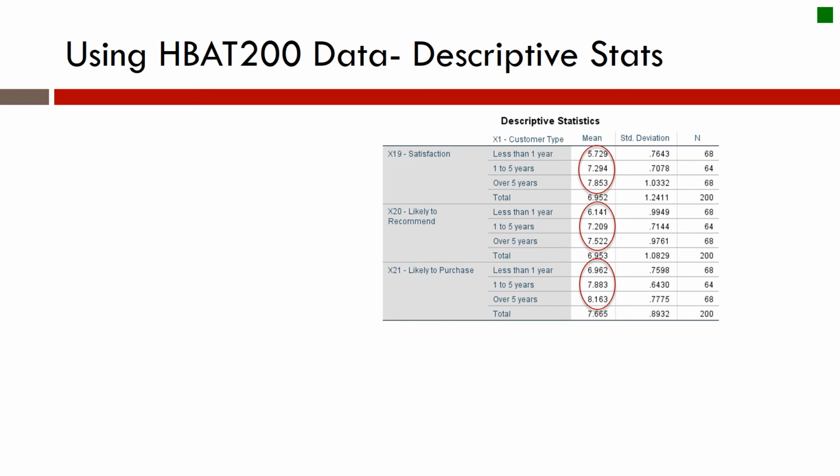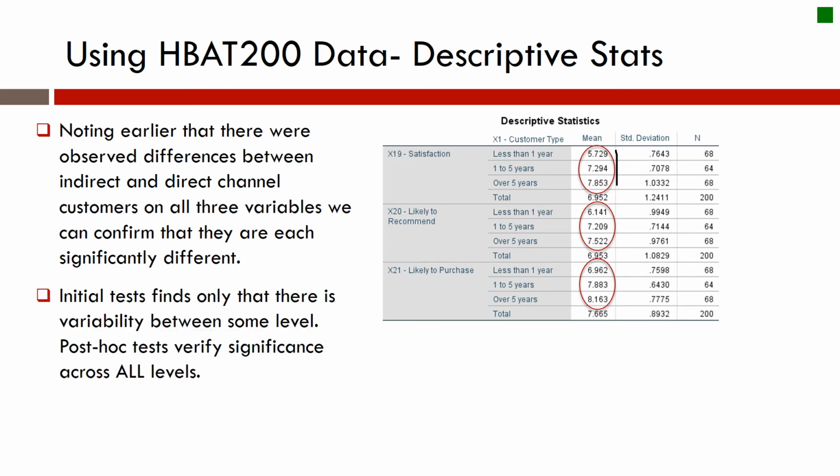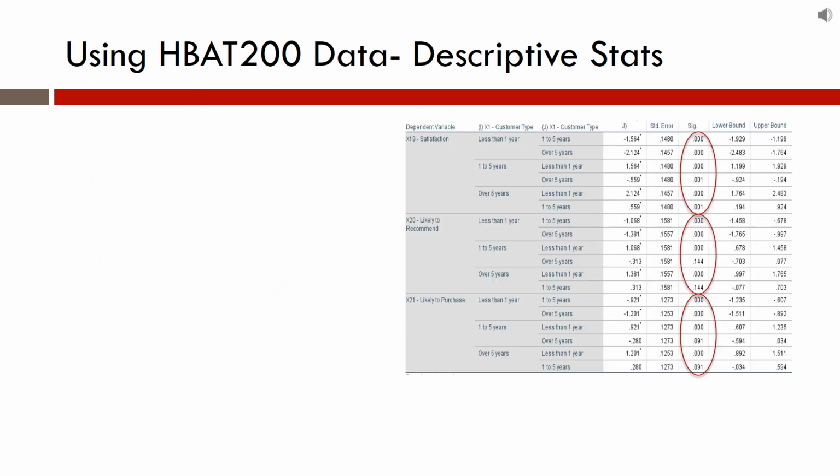Noting earlier, we looked at the differences in means here, and what we would suggest is that as a collective group, there appear to be differences, kind of like the F-test in an ANOVA, in that there is significant difference between groups in some capacity. What we can also do, though, is, as I mentioned, a post hoc test within the same analysis, just to confirm that that's going on.